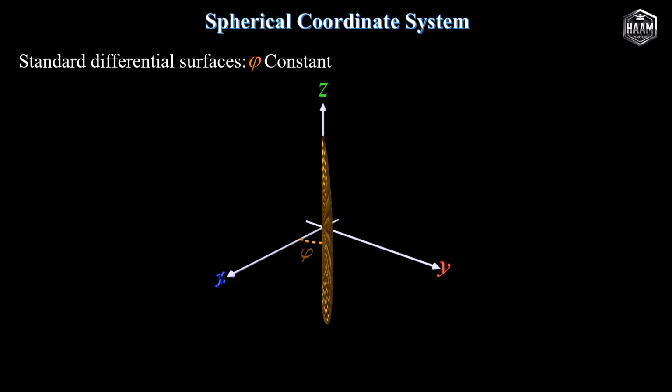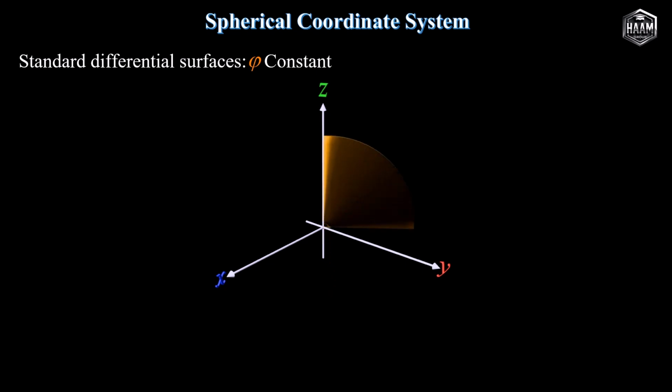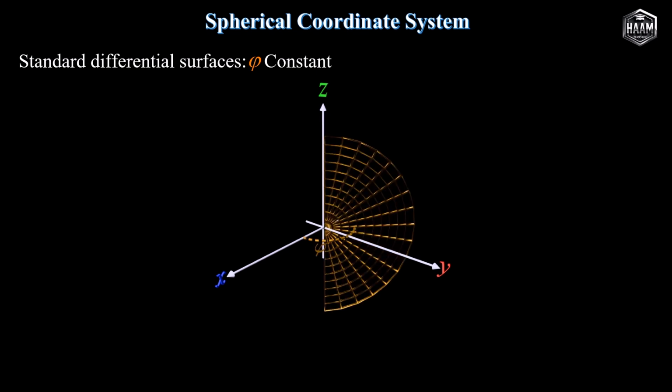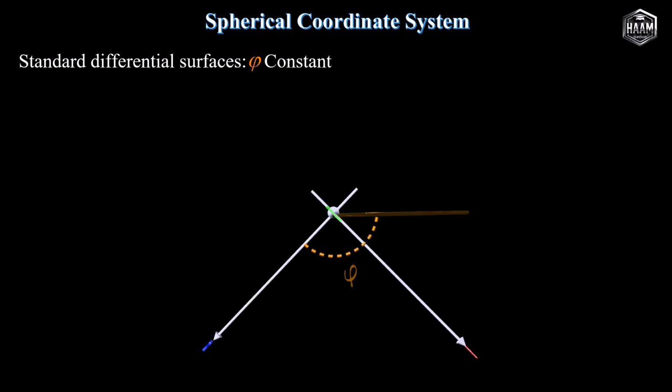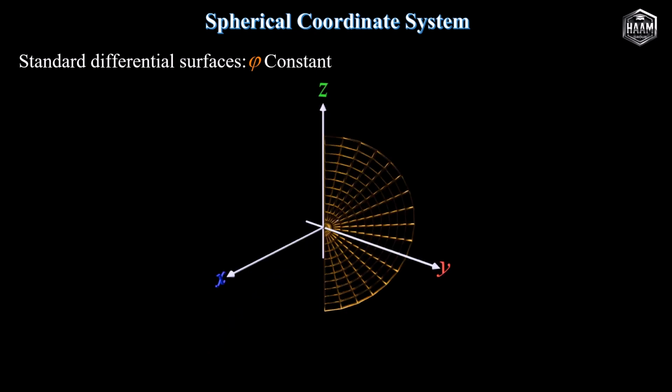Of course, we could also take phi in other regions, for example, around 135 degrees, producing this half disk. Looking at this from above, you can see that the points on this half disk all share a fixed angle relative to the x-axis, here roughly 135 degrees.